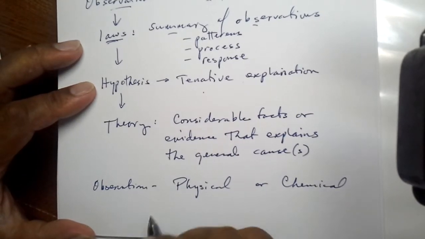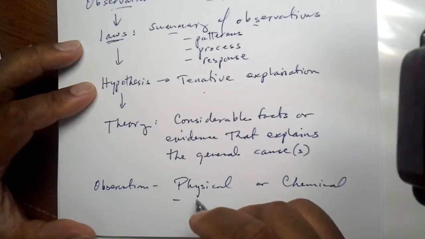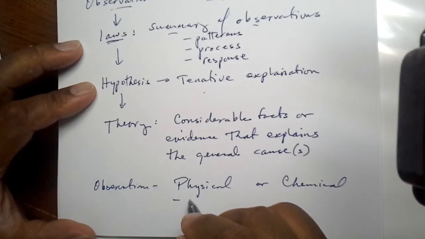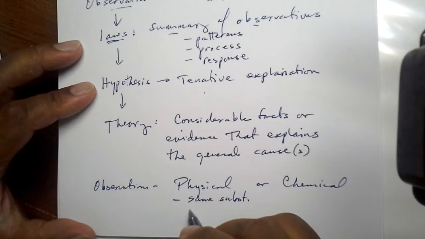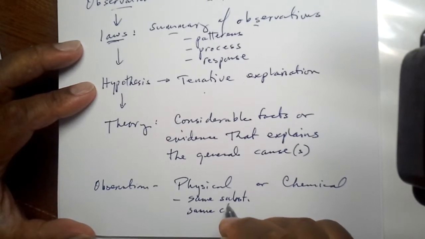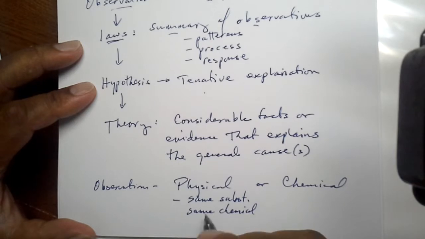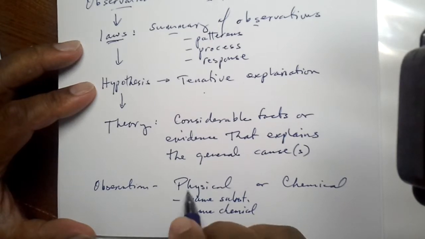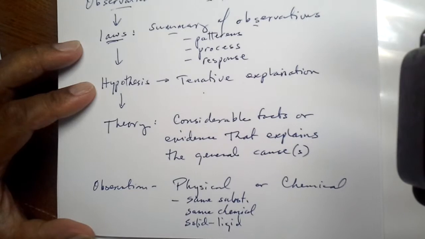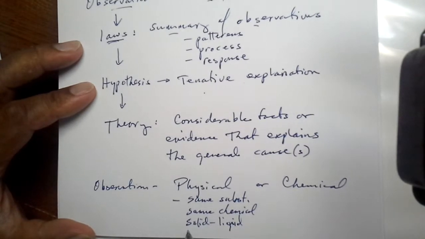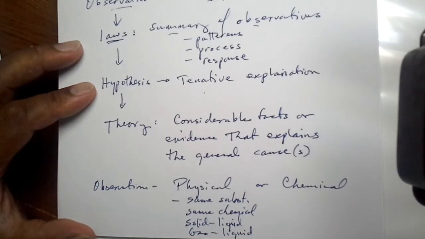All right, and physical change means that you have the same substance, or the same chemical, if you will, that simply changes form. It changes from a solid to a liquid, or from a gas to a liquid, and so forth.